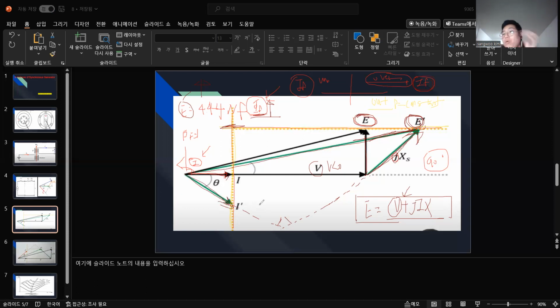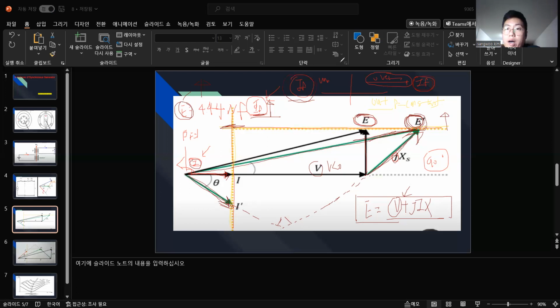Longer, which means bigger values, right? So we can see from this page that if we increase the IF, the excitation current, the induced voltage becomes bigger, right? And then the load current I is also going to be longer. We can see that here, right?